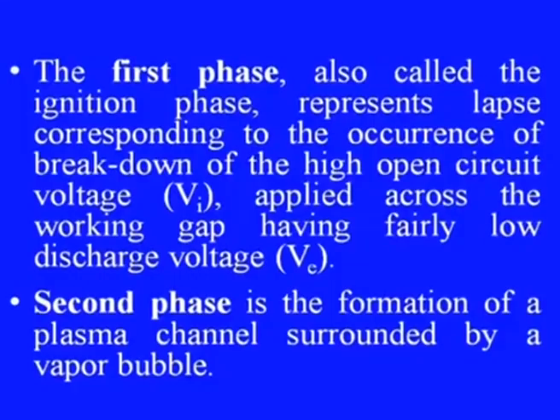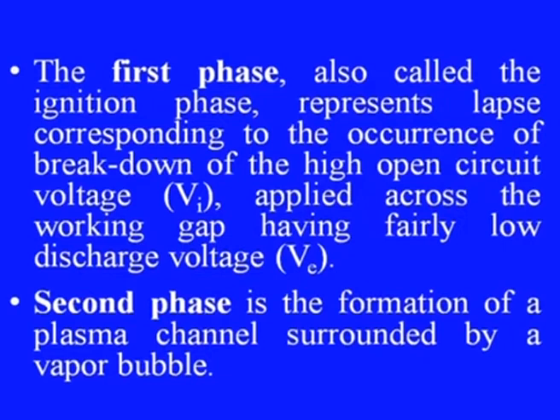The principle of EDM, as discussed already, can be grouped under the following 4 basic phases. The first phase, also called the ignition phase, represents the lapse corresponding to the occurrence of breakdown of the high open circuit voltage VI applied across the working gap, having a fairly low discharge voltage, also called VE.